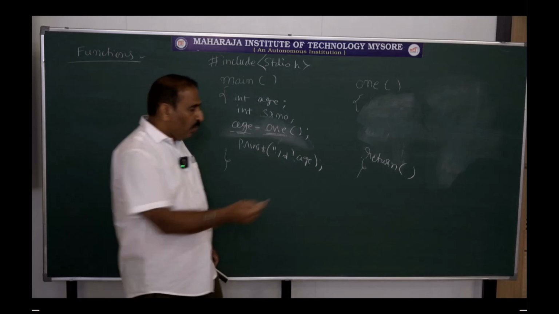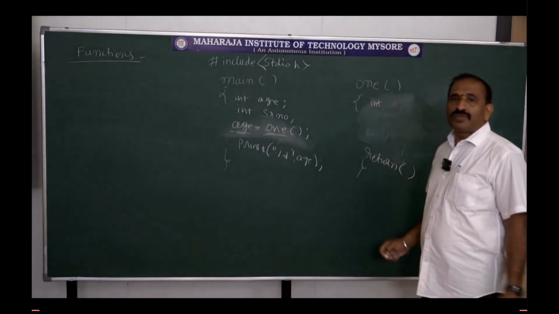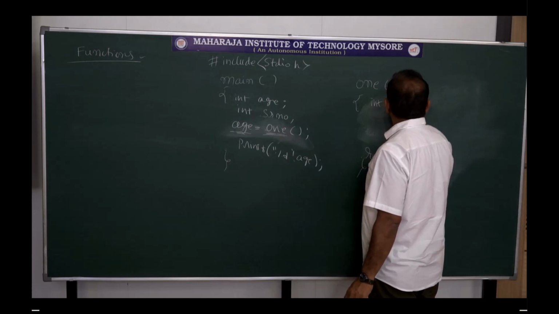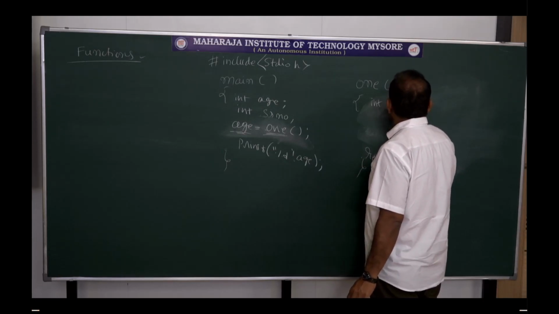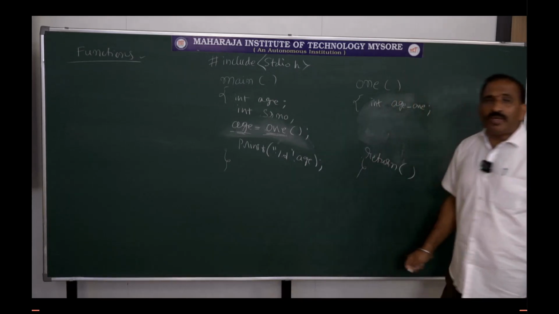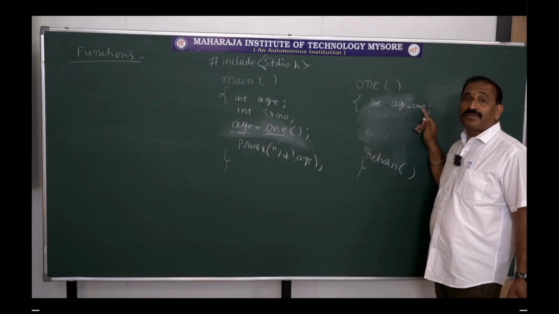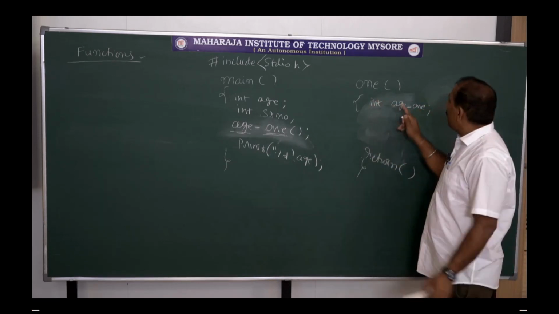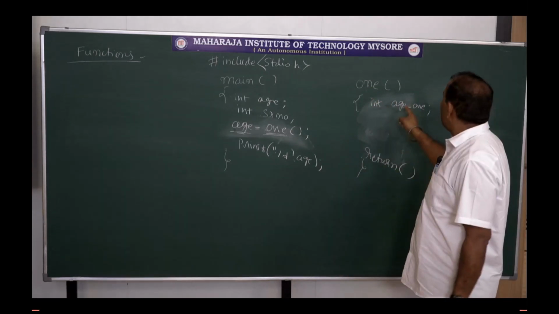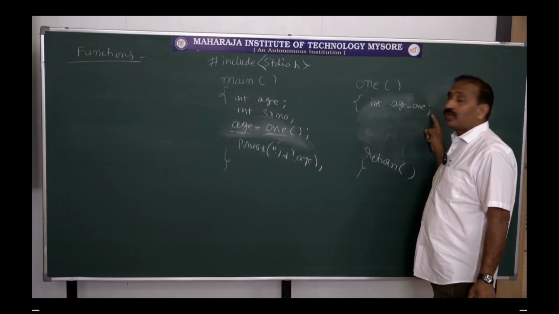What is returned? You have to write a program. Here I will write integer. Now I am declaring a variable called age underscore 1, just for you to understand that it is the age variable in the function called 1. That's why I have used a name like int age_1. You can use any variable name, but this will help you understand better.